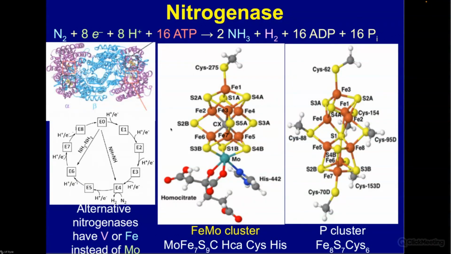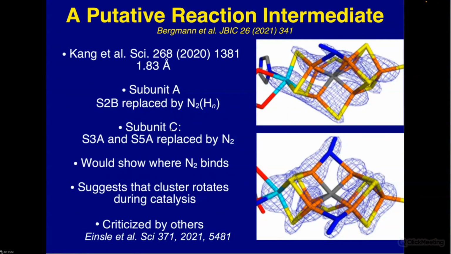And just a few years ago, there was a new crystal structure of nitrogenase where they said that they could actually see reaction intermediates, because the problem with this enzyme is that we don't know where N2 binds. We have only structures of the resting state. But now in 2020, there was a structure said to contain N2.